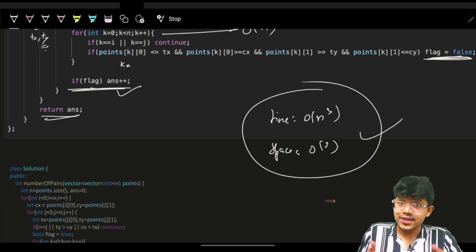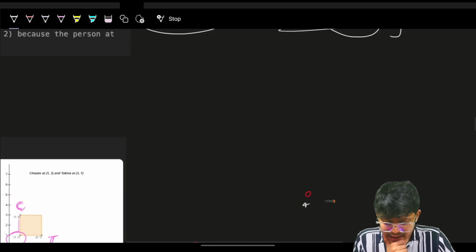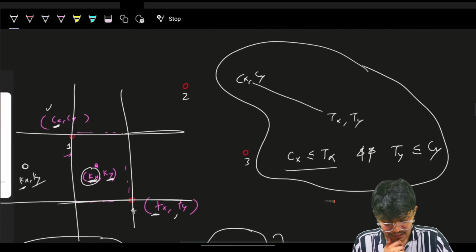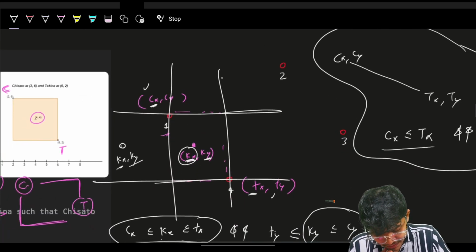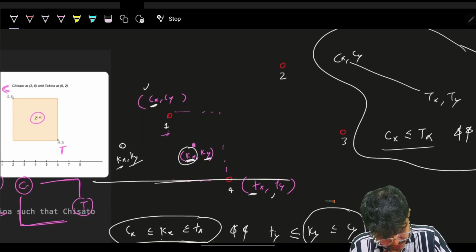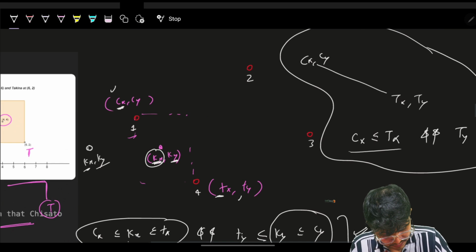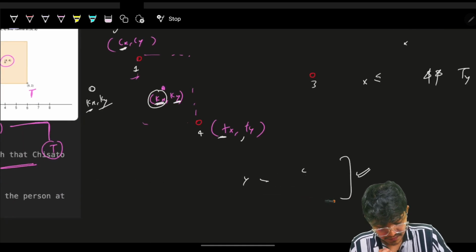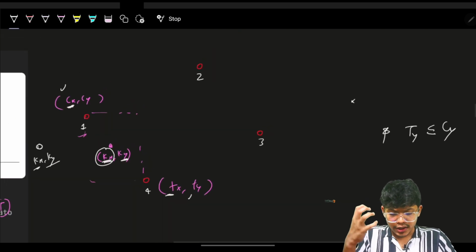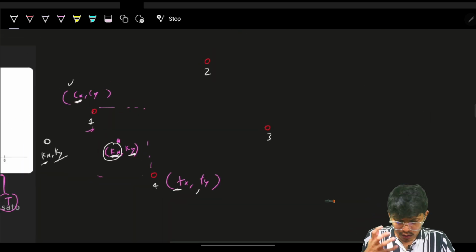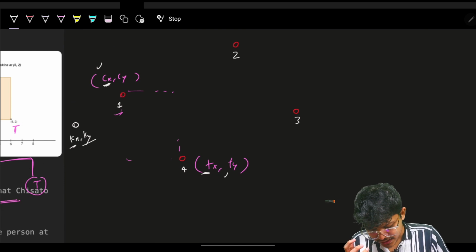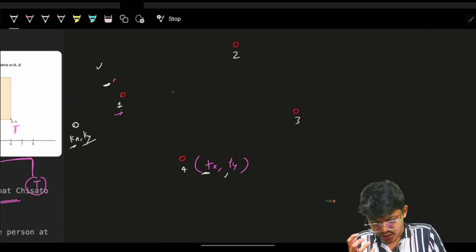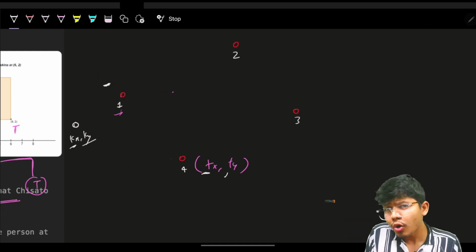So what is the optimization which we can have? One thing which we can think of is, let's erase everything. Now one thing I know, I have to reduce something. Now what to reduce? I will again have to go on to all the possible pairs.